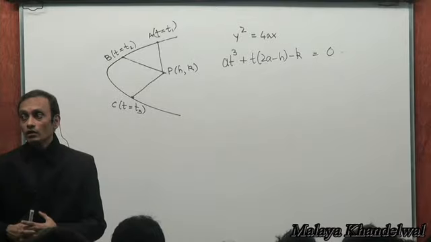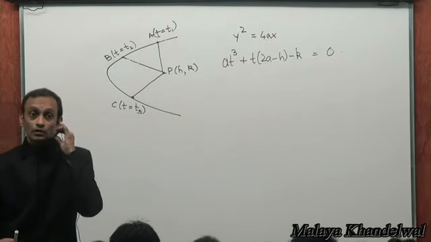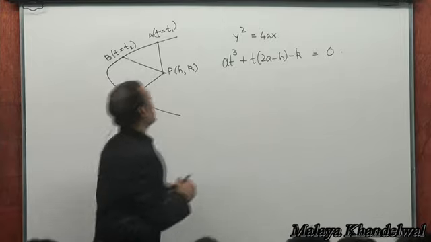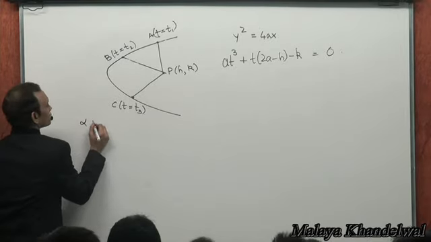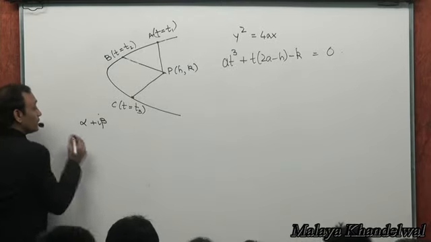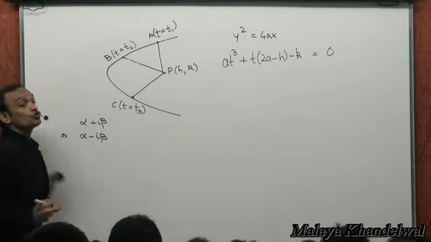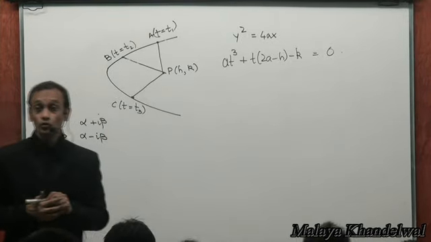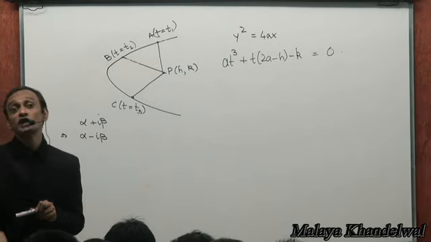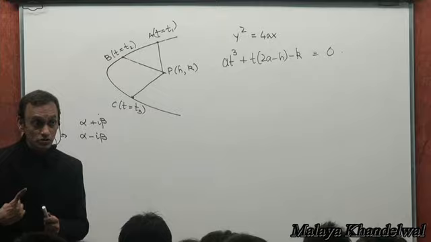That is, if alpha plus i beta be a root of the polynomial, then its conjugate, which is alpha minus i beta, must also be a root of the polynomial, provided the coefficients are all real numbers.